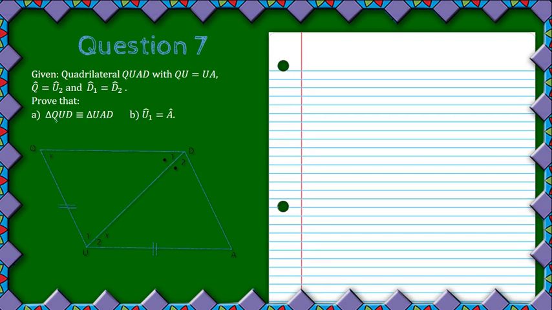So that means we need to say that Q is equal to U, which is this one, and we have to show that U1 is equal to A, and then D is equal to D. Alright, so we start by saying in triangle QUD and triangle UAD. So 1, 2, 3 statements.